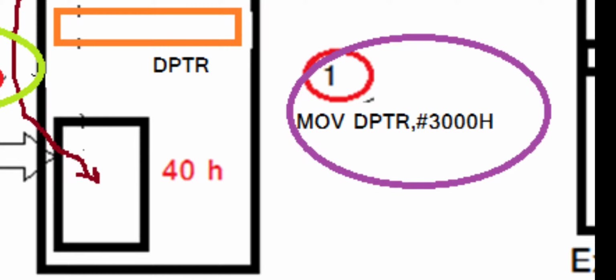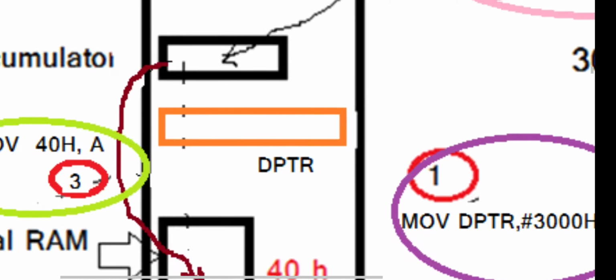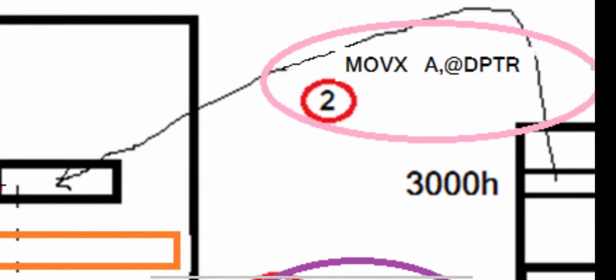Now in second instruction, second step, we have used MOVX instruction. This instruction will copy the content of 3000 pointed by DPTR, right? If DPTR has 3000, then DPTR will point to 3000. So indirect mode means content of DPTR and content of that address.